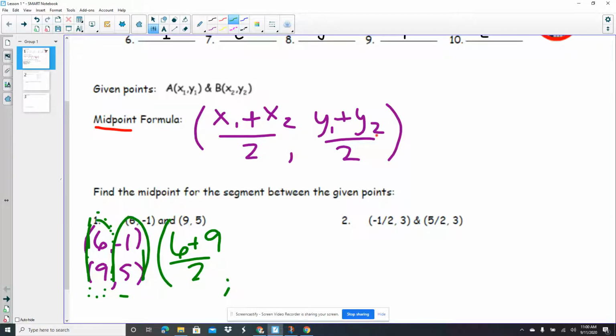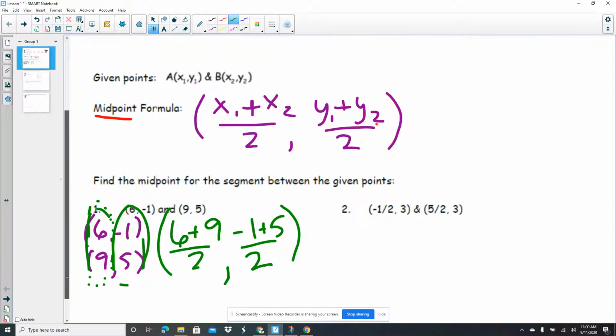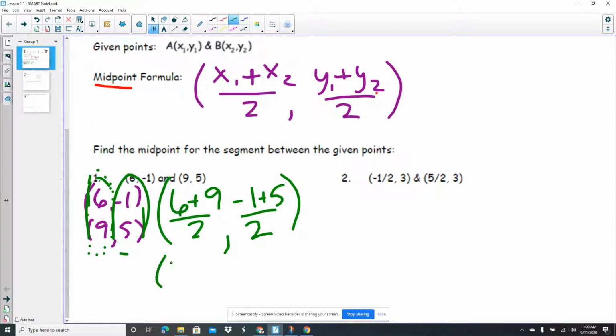And I'm going to add the negative 1 and the 5 and divide by 2. All right. So continuing on to simplify this, my midpoint is going to be 7.5. Or you can write 15 halves.